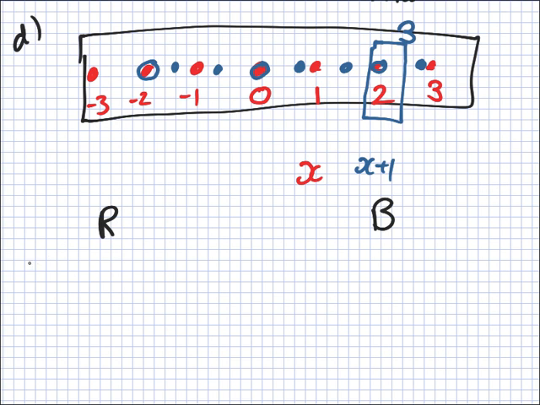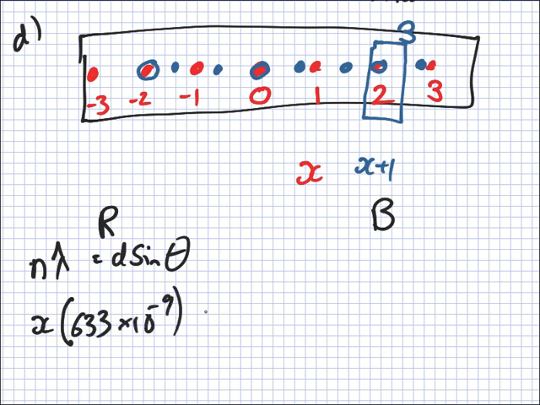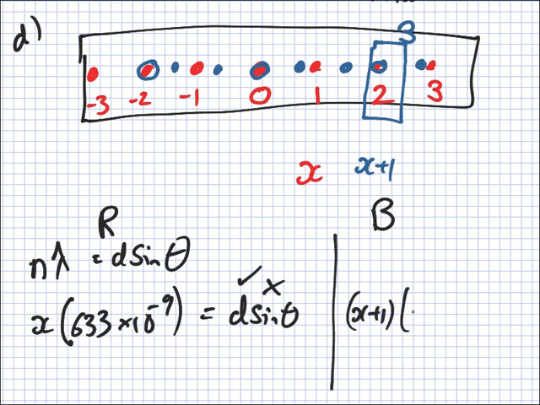So, n lambda equals d sine theta. For the red light that is x, and that's the wavelength for the red light, which is 633 nanometers. That's equal to d sine theta. And we know the d, but we don't know the angle it makes, because we don't know what order it is. If you look at the blue, you get x plus 1 times, what is it for blue? 506.4 times 10 to the minus 9.